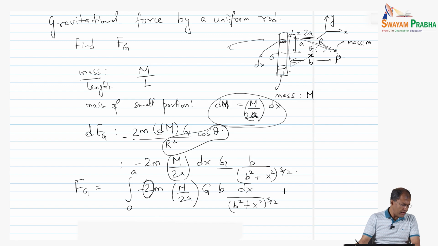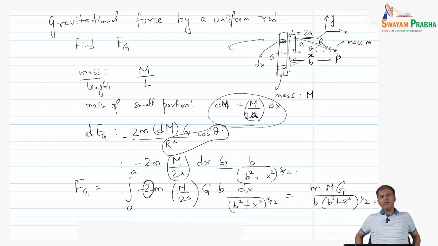So when we integrate all this, we find the answer to be the following. The listeners can please go and check that this is equal to b times b squared plus a squared to the power 1/2. Okay.